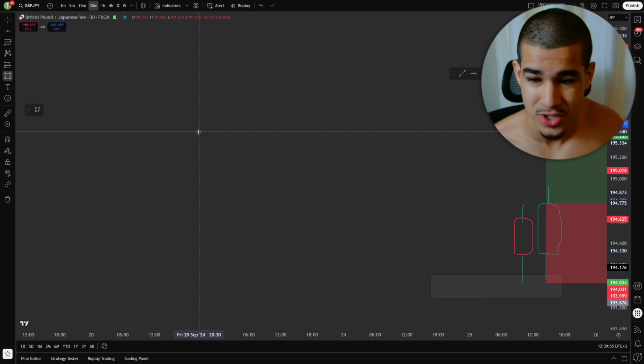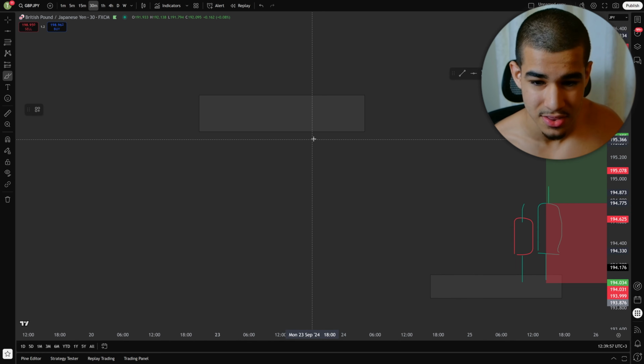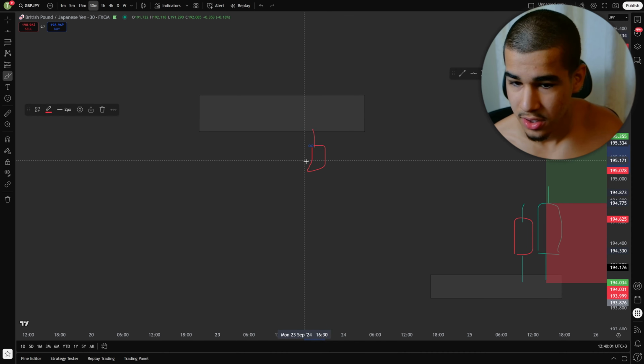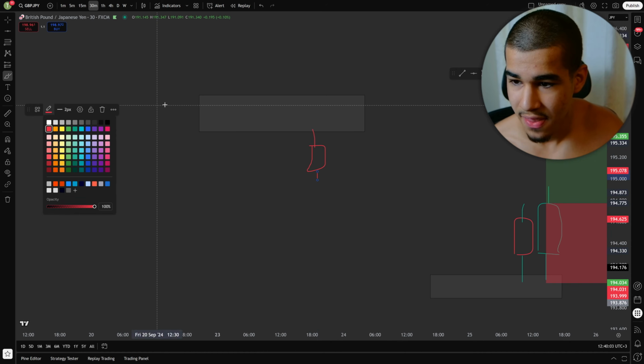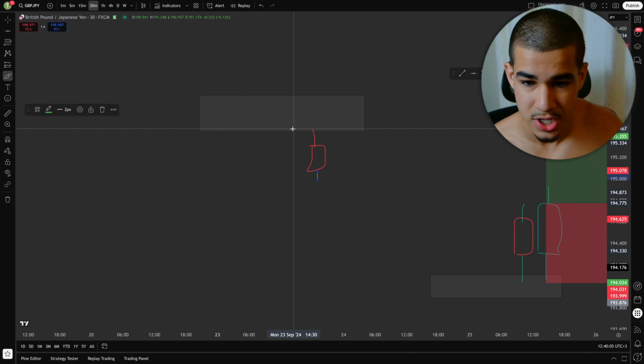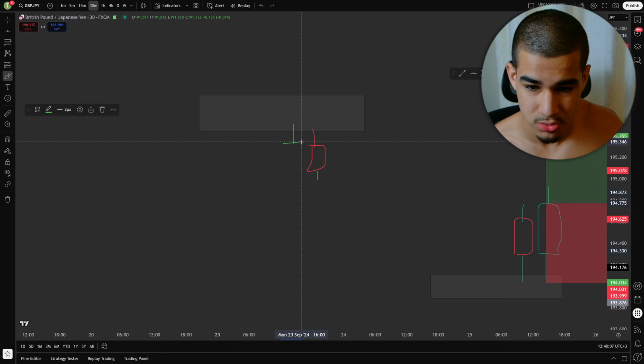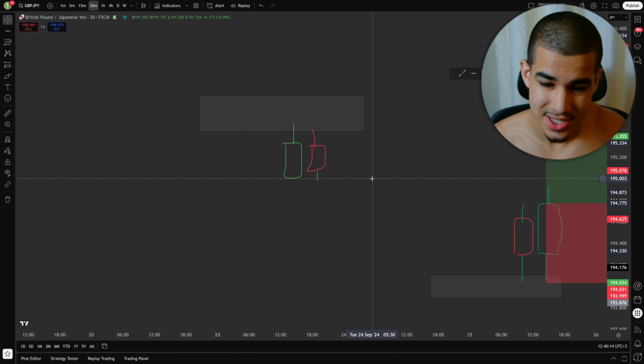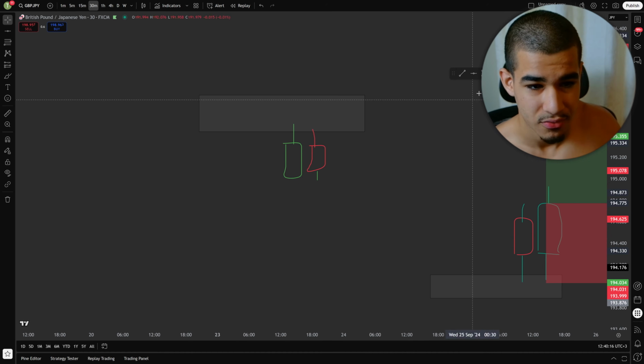And on a supply zone example, let me try to make another example. That is a bearish candle, and then this here is the first bullish candle to react from your zone, for example, just like that. So you would not enter on this bullish candle. You would enter on the first bearish candle to react from your zone.